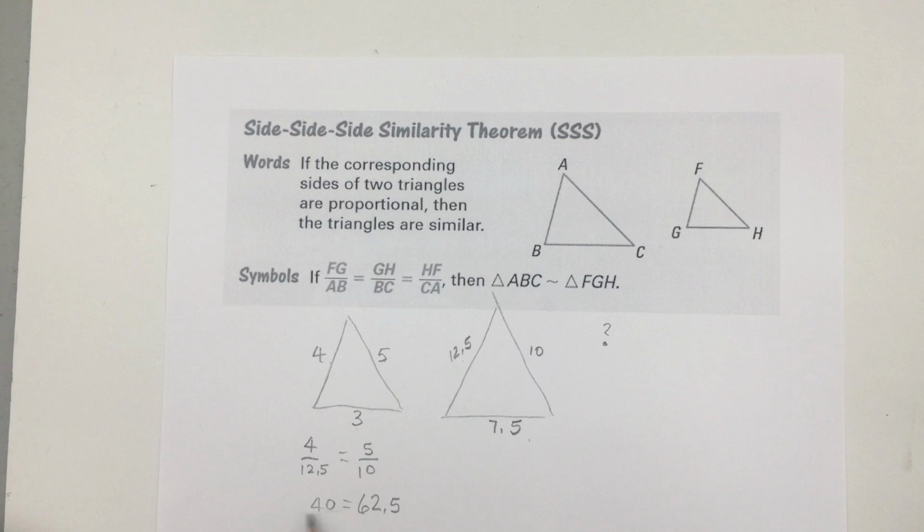Since they don't equal each other, that means that this side is not corresponding to that side, and this side is not corresponding to this side. So we got a little bit of a problem there, right?